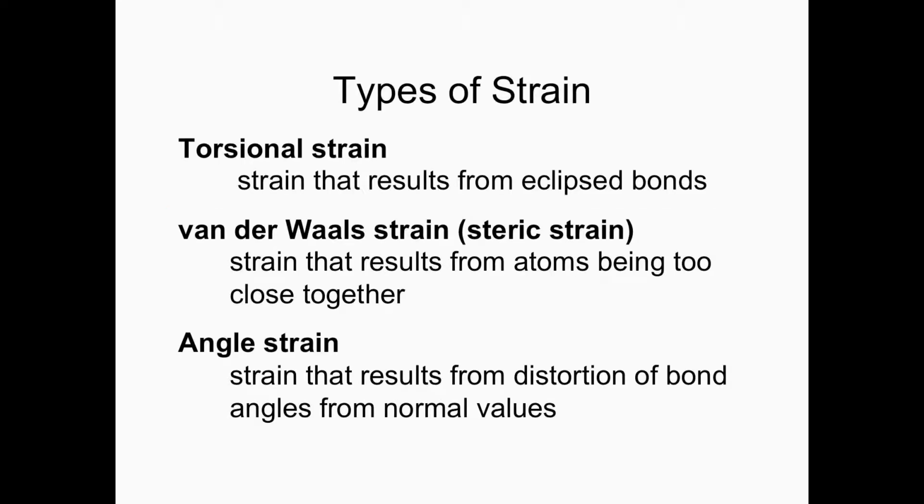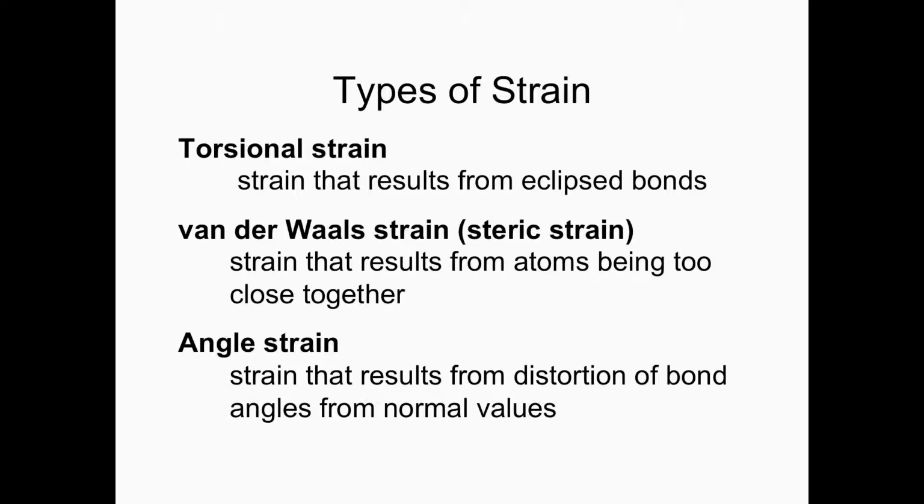To do a conformational analysis, we have to examine three types of strain that exist within any molecule related to the distortions of bond angles and bond lengths. First, torsional strain is the strain that results from bonds when they are eclipsing one another. Torsional strain refers specifically to bonds, the electrons that are in bonds.